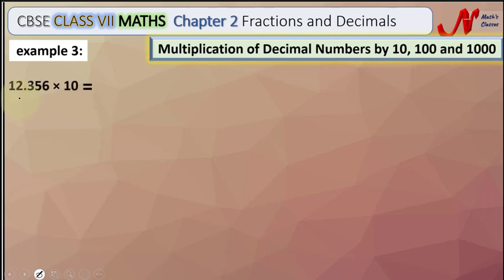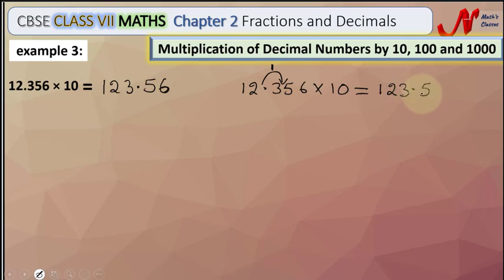In this example, we multiply 12.356 with 10, so it can be written as 123.56, because when multiplying 12.356 with 10, here we have one 0, so we shift the decimal point one place to the right, so we can write 123.56 after multiplication.